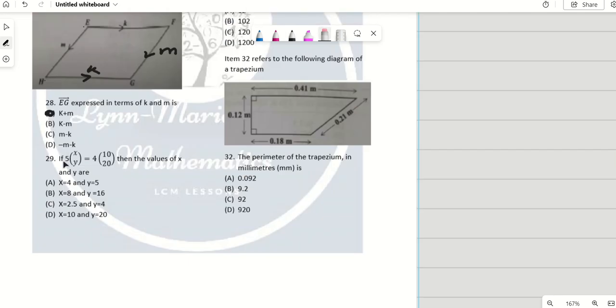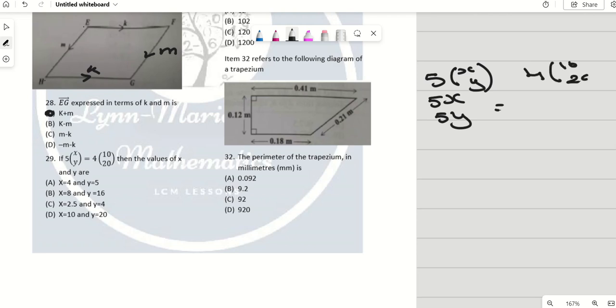Number 29. If 5 by xy is equal to 4 by 10, 20, then what is the value of x and y? So let us multiply that. 5xy means it is 5x and 5y, equal to 4 by 10, 20. So 4 by 10 is 40, and 4 by 20 is 80.